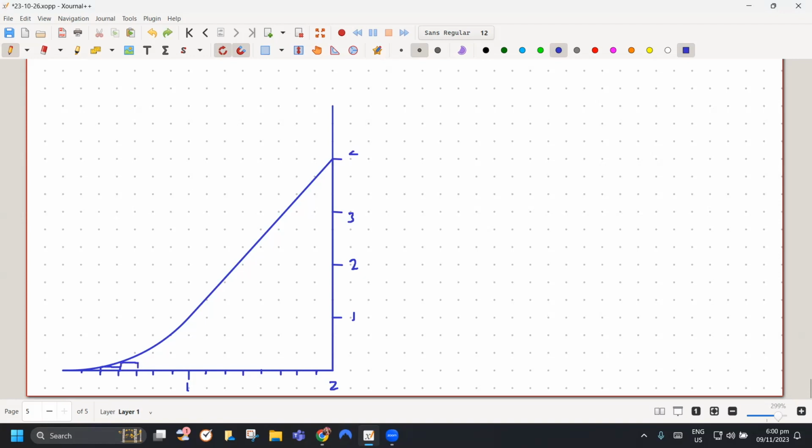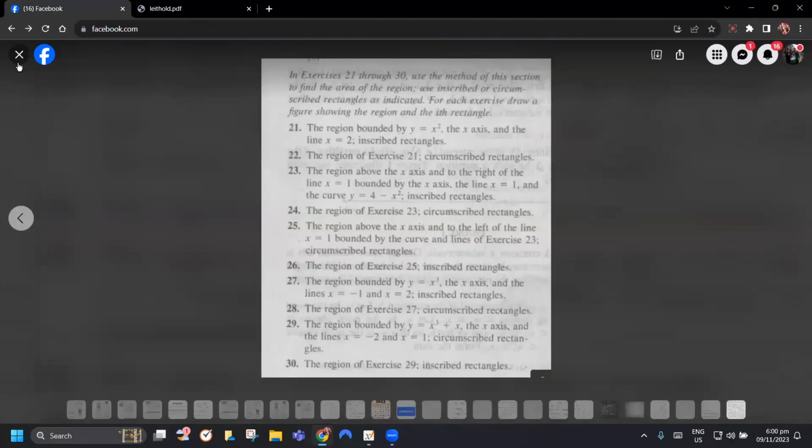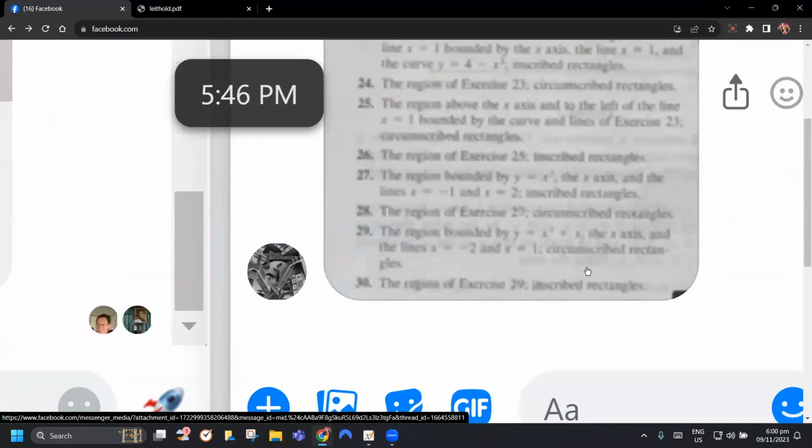For the purposes of this exercise, it doesn't really have to be exact, it's freehand, because we're not really looking for exactness. It's just a guide for setting up.